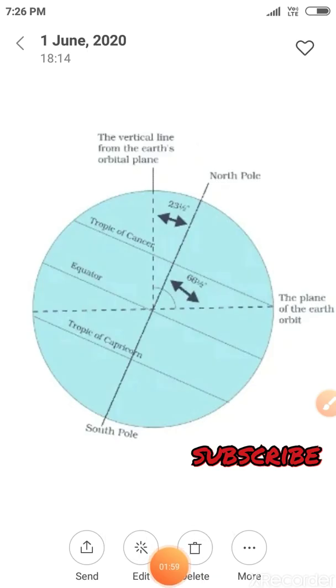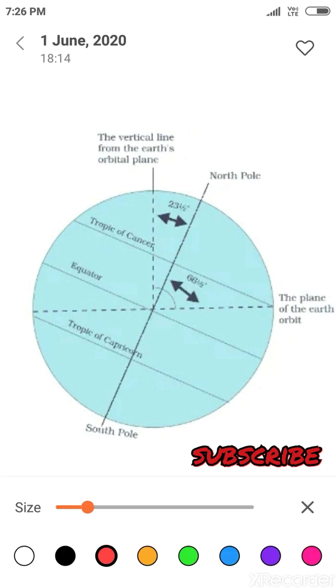We all know that the axis of the earth is an imaginary line. This imaginary line makes an angle of 66 and a half degrees with the earth's orbital plane. This angle, and this is the orbital plane.